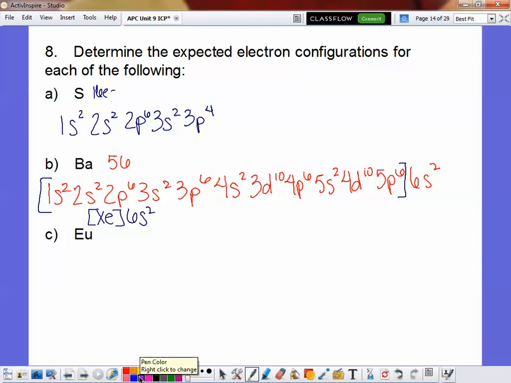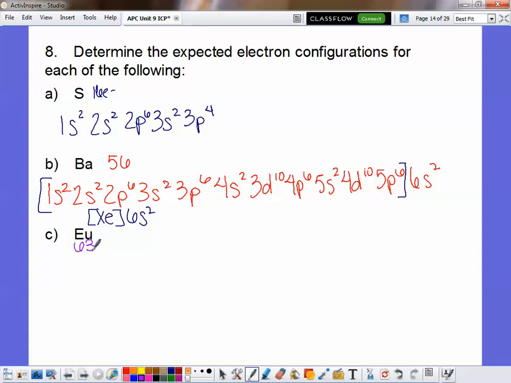So the way to figure out which noble gas to use, you can only use a noble gas for the noble gas configuration. Remember, I tell my kids, it's Price is Right rules. You have to get the closest in atomic number to whatever element you're looking at without going over. Okay? So for europium, its atomic number is 63.